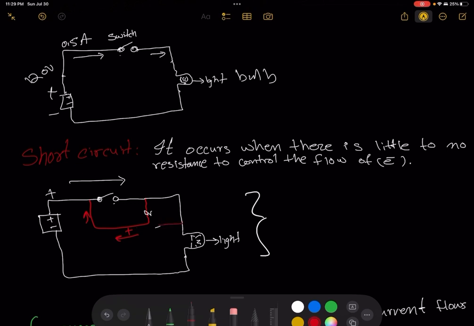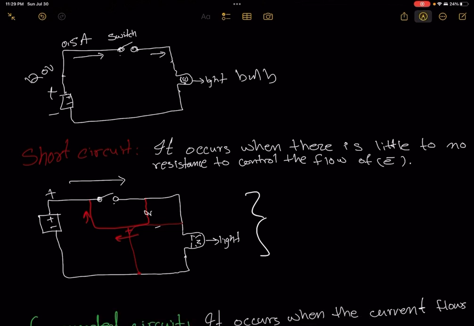For example, a short circuit is like this wire touching this wire right here and this wire here.